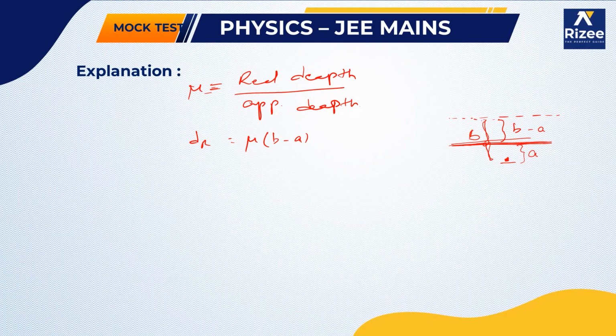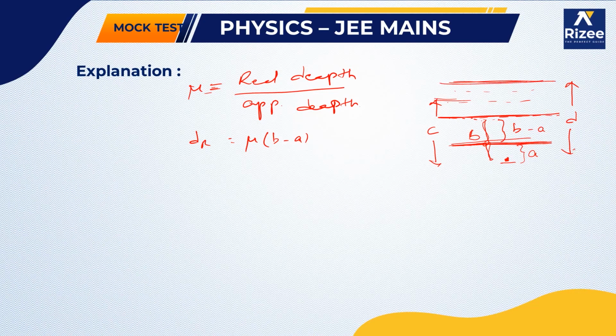Now when you pour some other liquid here, suppose it shows a reading C from here, and from the top surface it will be D. This is the extra liquid that we have poured in.